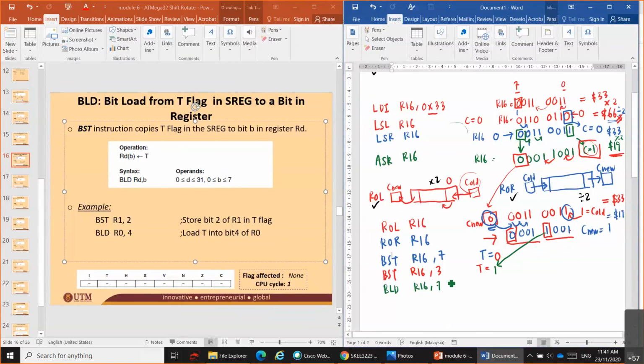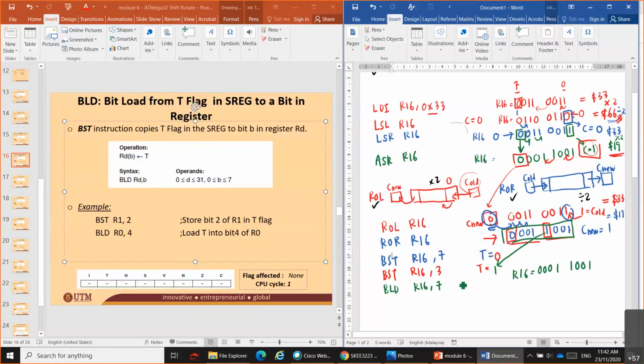What happens to my R16? The current value of R16 is 19, which is 0001 1001.